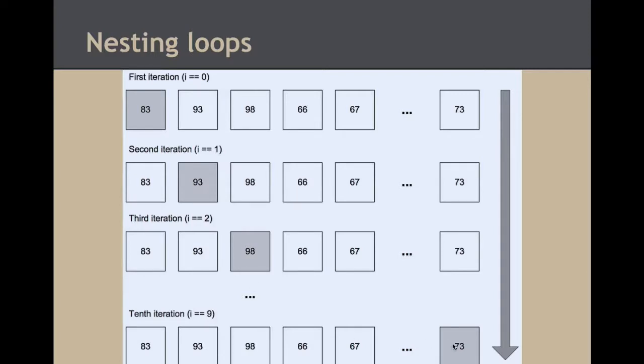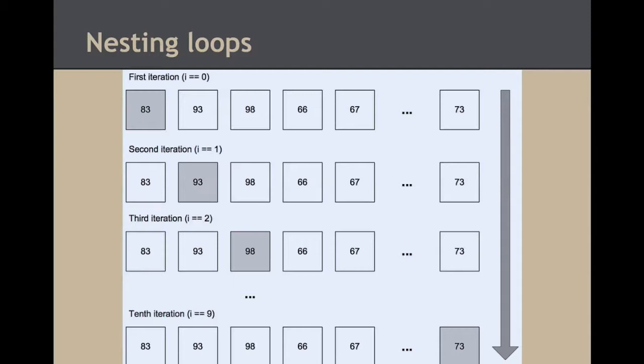And finally, in the 10th iteration, they typed in the 10th grade. Okay? So if you imagine these things lighting up in order, it's like we got this one first, then this, then this, and so on until we have all 10. So really, it just goes down one line of numbers and reads them in from the user. That was the grade example that we looked at previously.